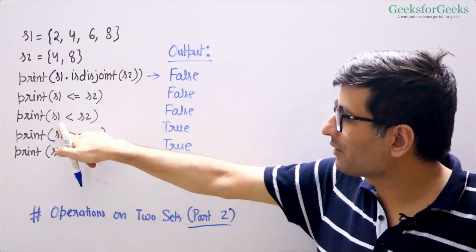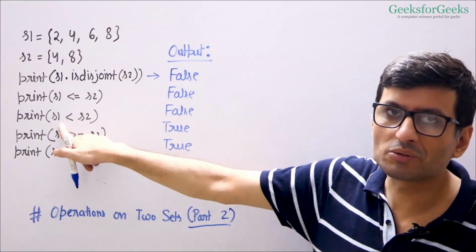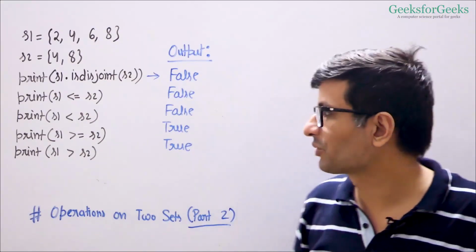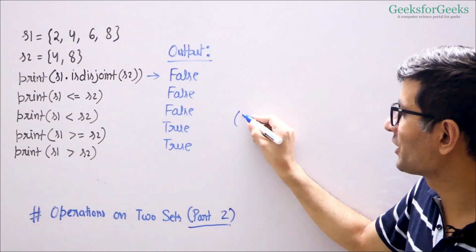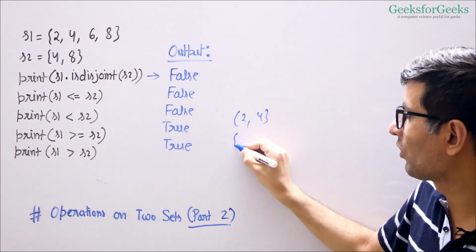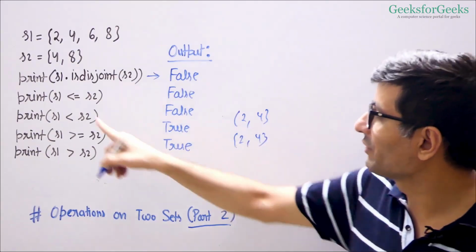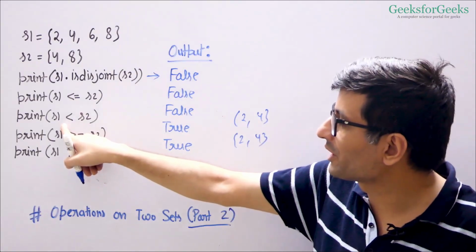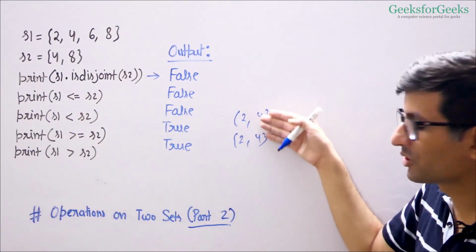Now the other operator, which is S1 is smaller than S2, tells you whether S1 is a proper subset of S2 or not. So what is proper subset? Say if S1 is 2, 4 and S2 is also 2, 4, then the subset check will give you true because they both have the same elements. But proper subset means the elements should not be same.